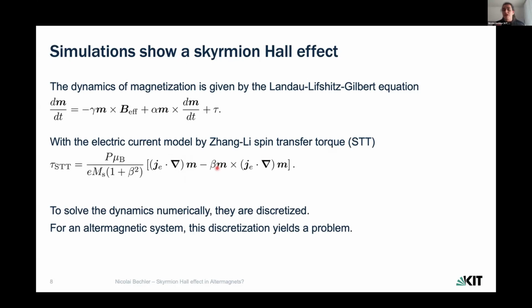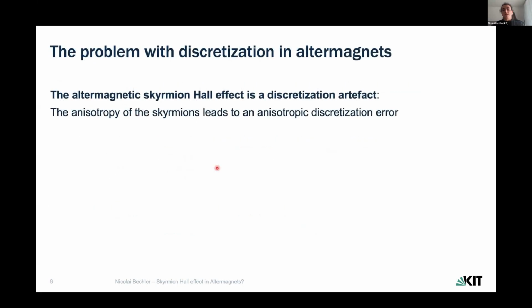And this discretization is what gives us a problem in altermagnetic systems. Because you see, the error that we make in the discretization depends on the elongation of the skyrmion in the direction of the current. And because the skyrmions are elongated and rotated in the two sublattices against each other, this discretization error is different in both sublattices.